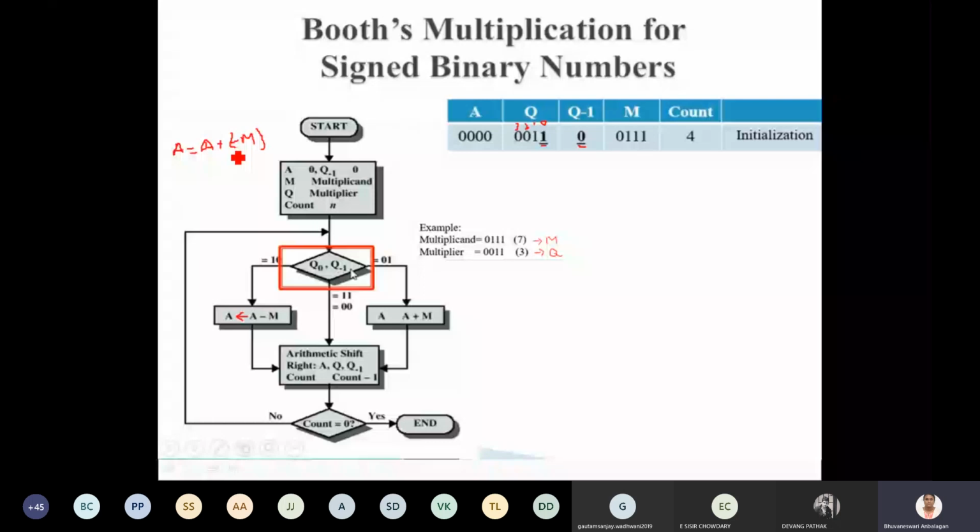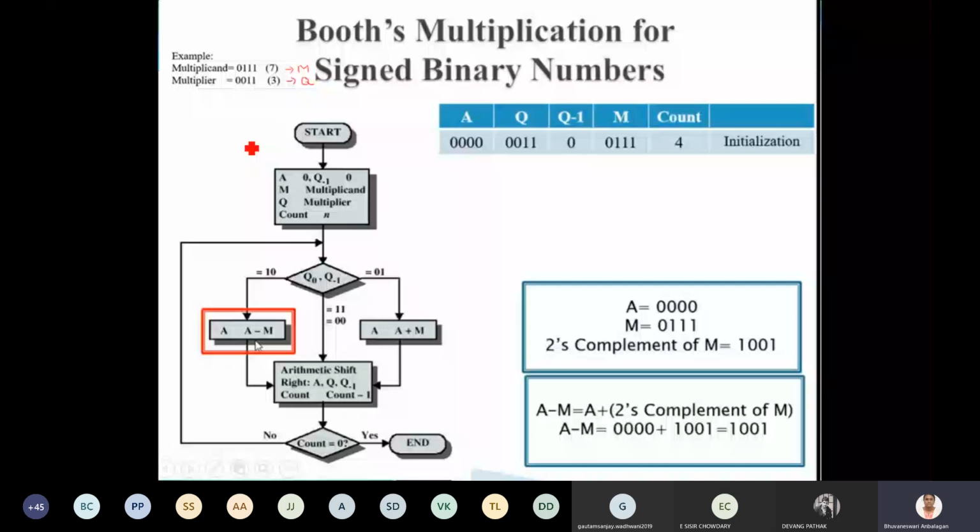If you want to find minus M, what will you do? You will take the complement of M. What is M actually? The value of M is the multiplicand, which is 0 1 1 1. You have to take the 2's complement of the number, so 1001.